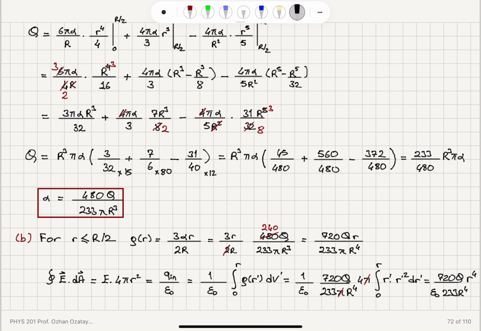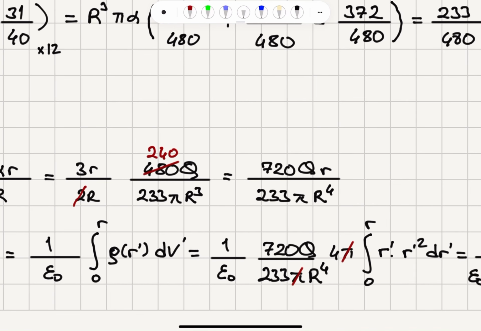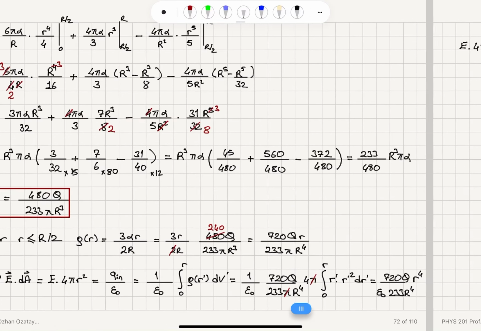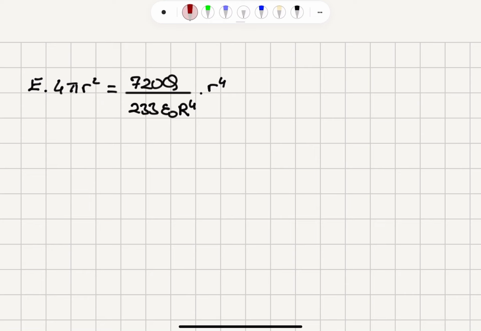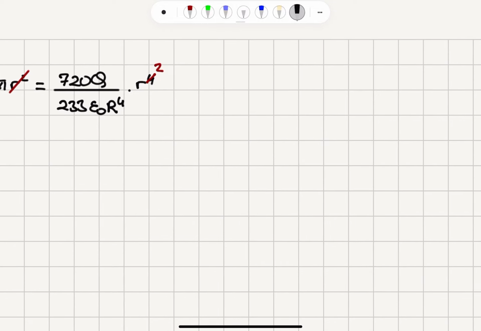Remember that we had r to the fourth power divided by 4, which got rid of this 4 here. Now we have r squared on the left-hand side and r to the fourth power on the right-hand side. So this is going to become r squared, and that will give us our final answer for the electric field.